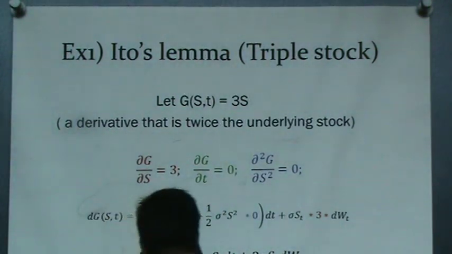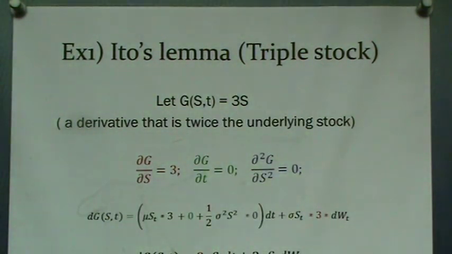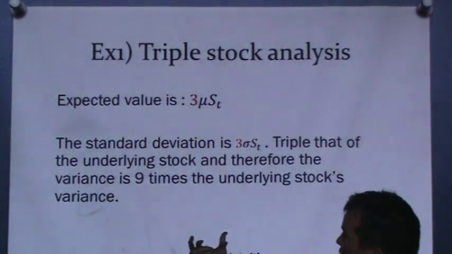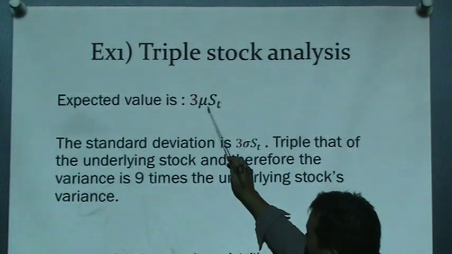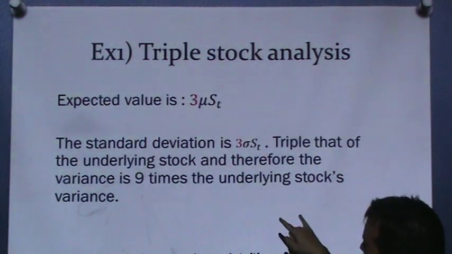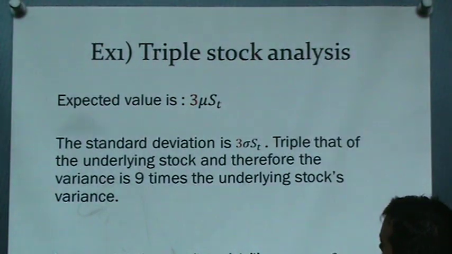So what does this equation tell us? Well, it tells us stuff we probably just could have known without doing this operation. The expected value is the coefficient in front of the non-stochastic part, the 3 mu S t. The standard deviation is the coefficient in front of the stochastic part.